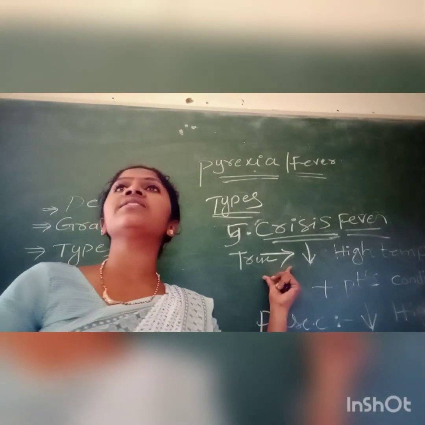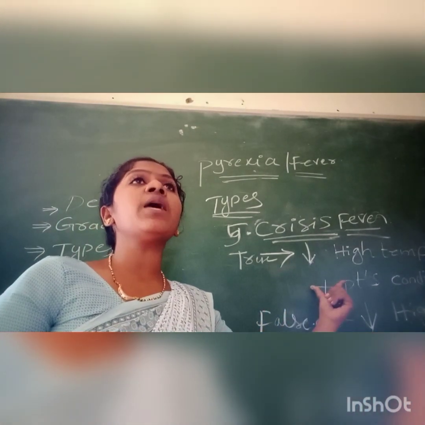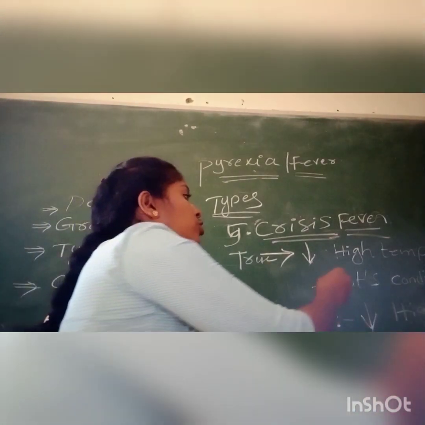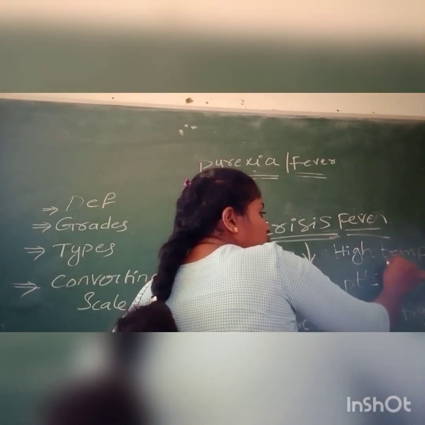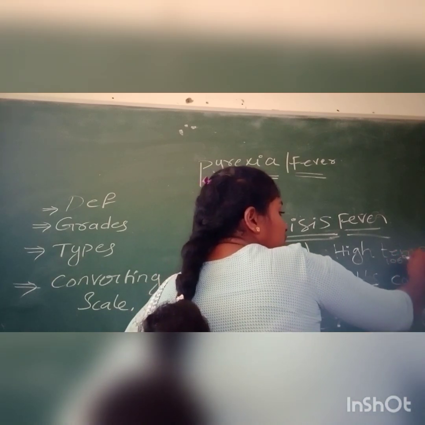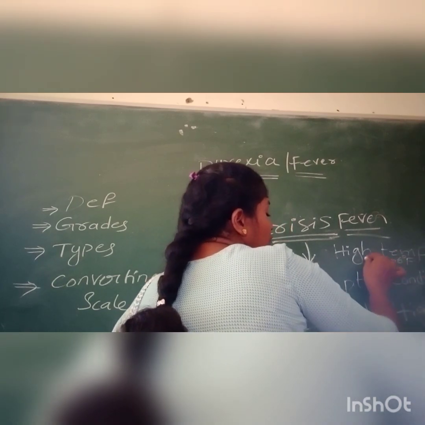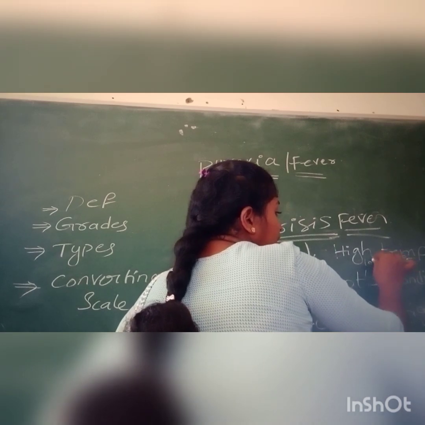In true crisis, body temperature falls down to the normal from a very high body temperature, maybe like 106 degrees Fahrenheit or 104 degrees Fahrenheit.